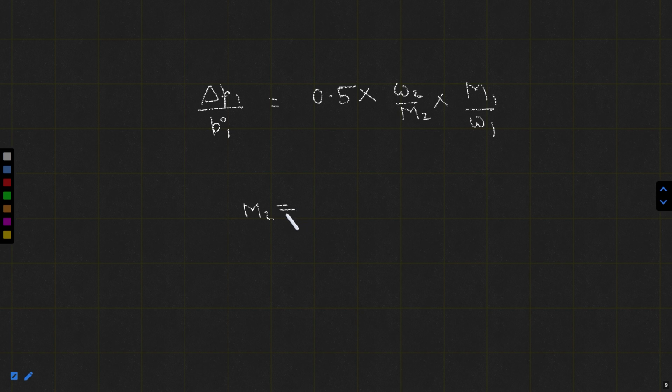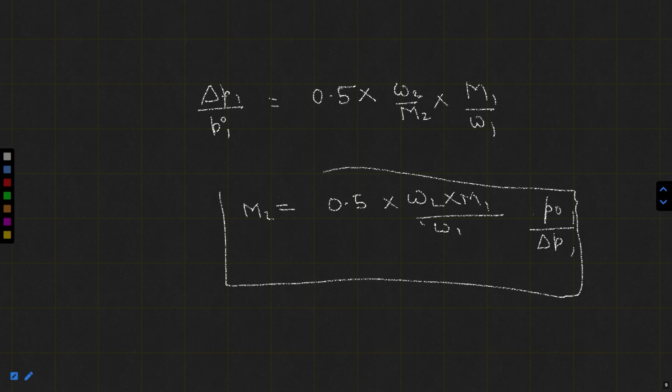Now if I bring this thing here, it will be M2 is equal to 0.5 multiplied by M1 W1 into P01, or you can say P01 by delta P1.